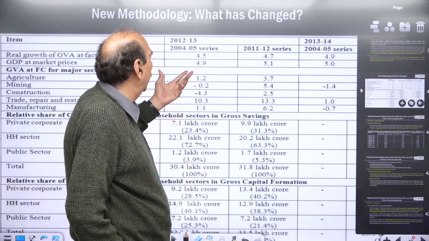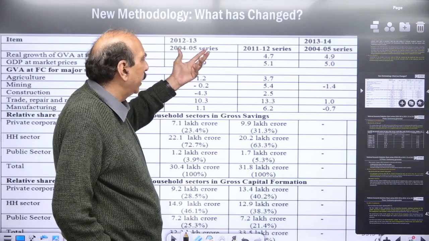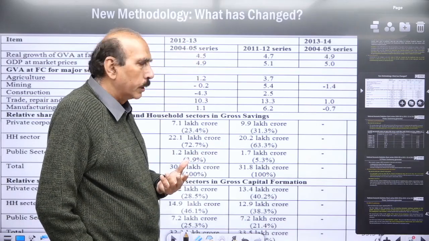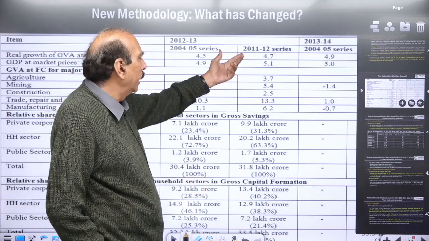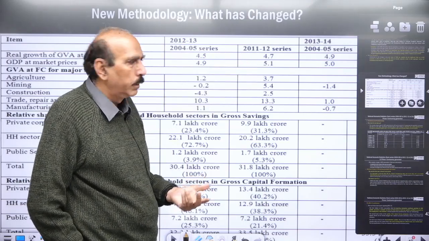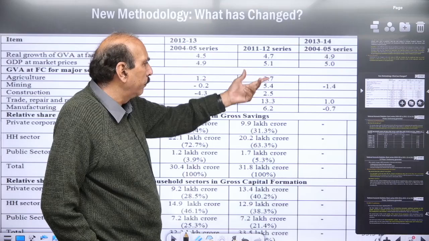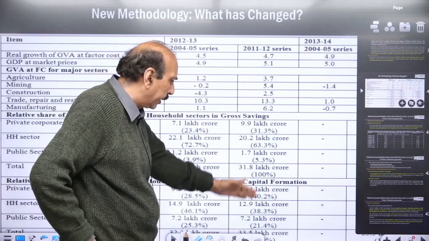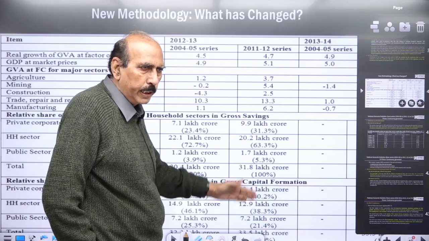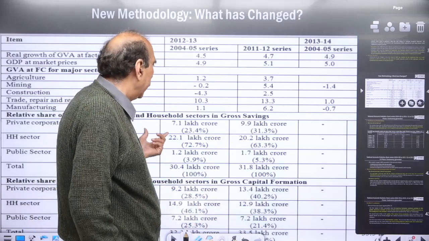And you see that in 2004-5 prices, it was 4.5%, and in 11-12 prices 4.7%, 4.9%, 5.1%.